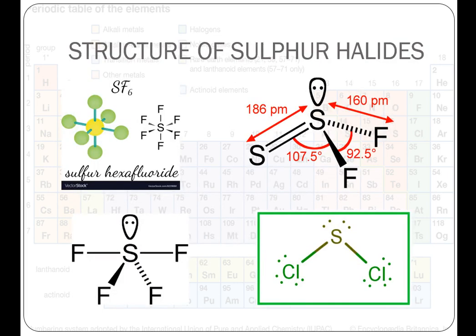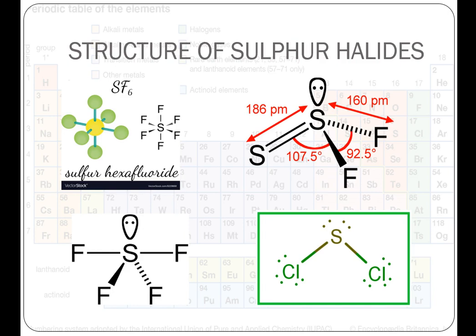You can see the structure of different types of halides. SF6 has octahedral geometry where the central atom undergoes sp3d2 hybridization. SF4, you can see here, has a seesaw type of structure.